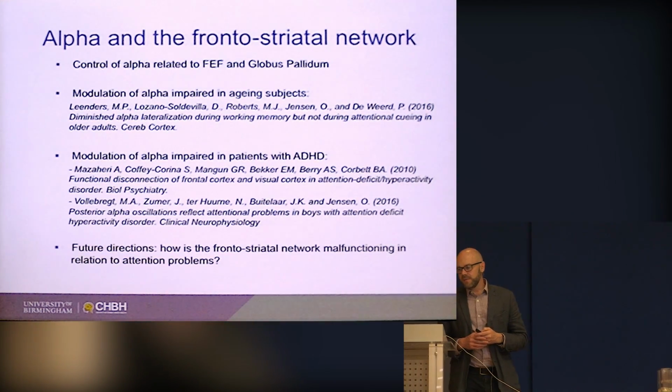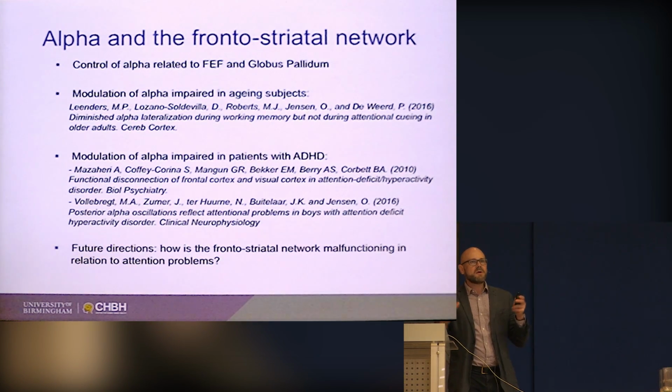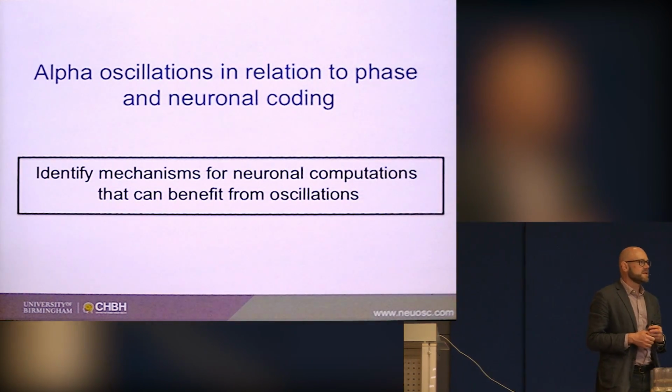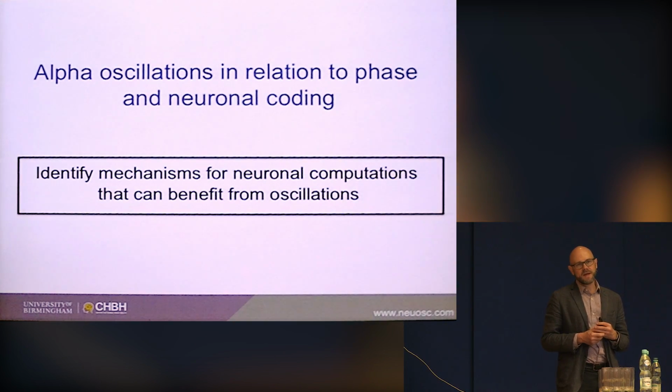Okay, so there was some of our work on how we address posterior alpha oscillations in terms of their magnitude and power. But what we also want to understand better is the phasic modulation exercised by these oscillations, right?